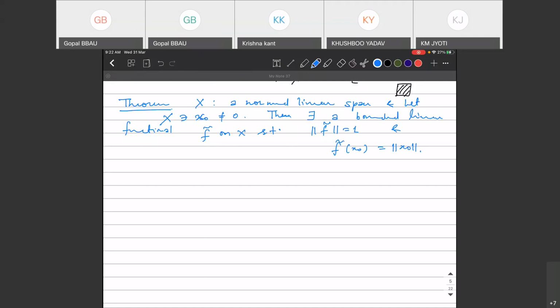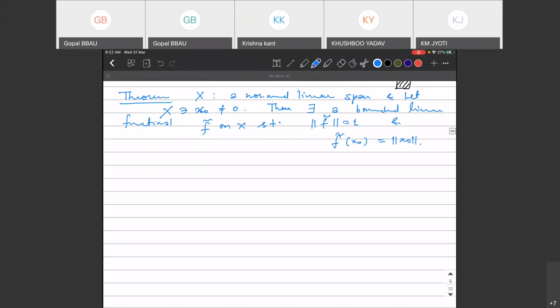So this means there are plenty of bounded linear functionals. For each non-zero vector x naught, you can construct a bounded linear functional such that f tilde at x naught is norm of x naught and the norm of that functional is 1.